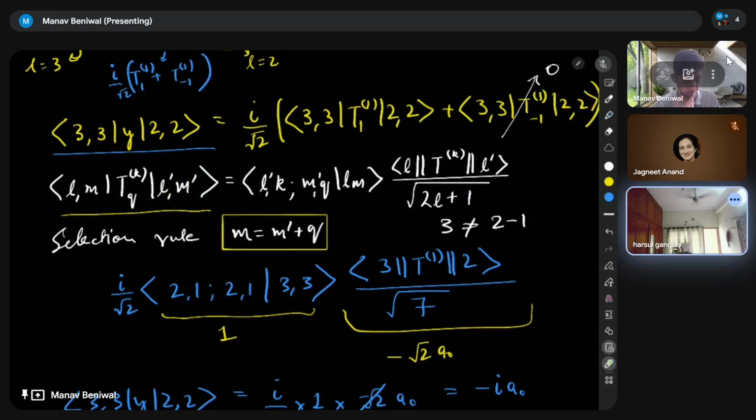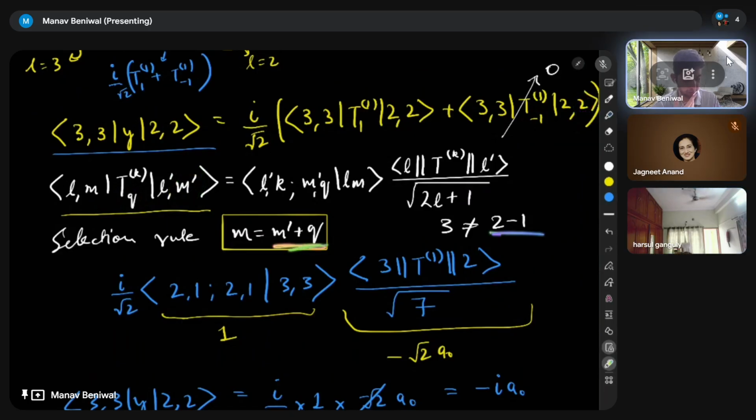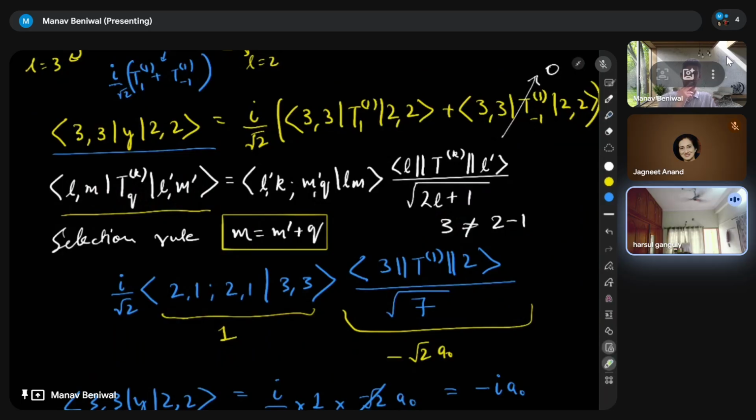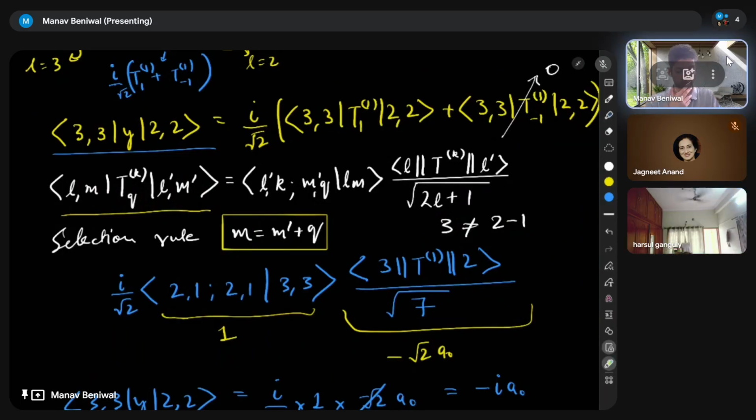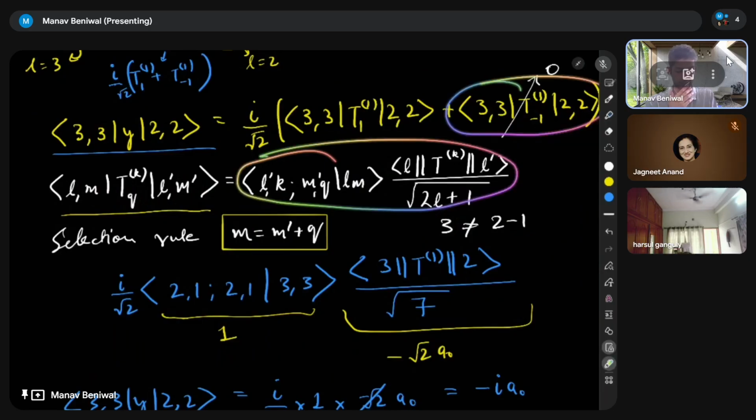So M prime plus Q will be 2 minus 1, which will not be equal to 3, which is M. On comparison, you can see this M is 3. So this rule is violated, so the Clebsch-Gordon coefficient, this term, will go to 0 for this case. So this entire thing is 0.